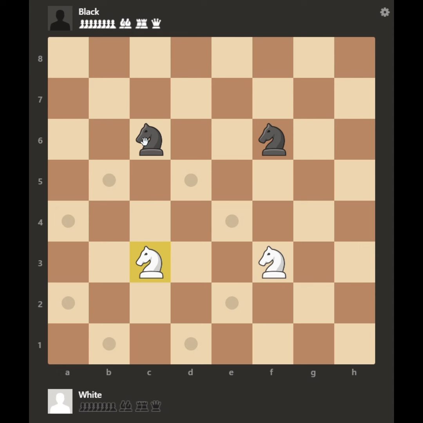c3, c6, f3, f6. It is easy to remember. These are symmetrical locations somewhere near the center and one square apart diagonally from each corner.